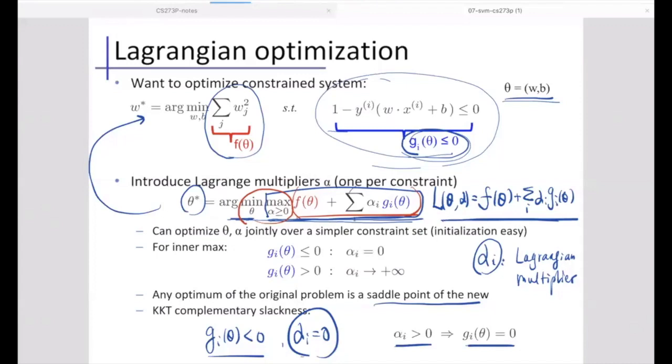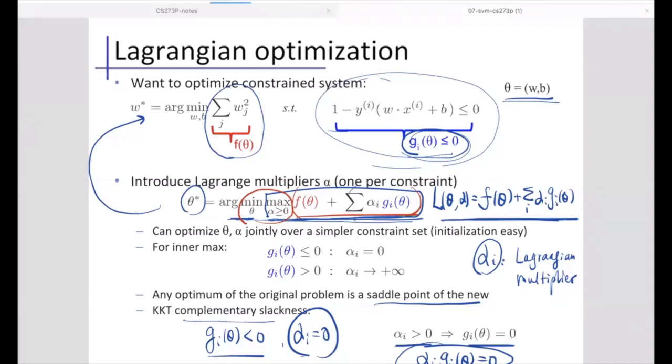So overall, you can write these two conditions as alpha sub i times g sub i of theta equals 0. One of them has to be 0. Either this Lagrangian multiplier is 0, or your data is at the boundary of the constraint, which means g sub i of theta is 0. This is called complementary slackness. That's what we can conclude so far.